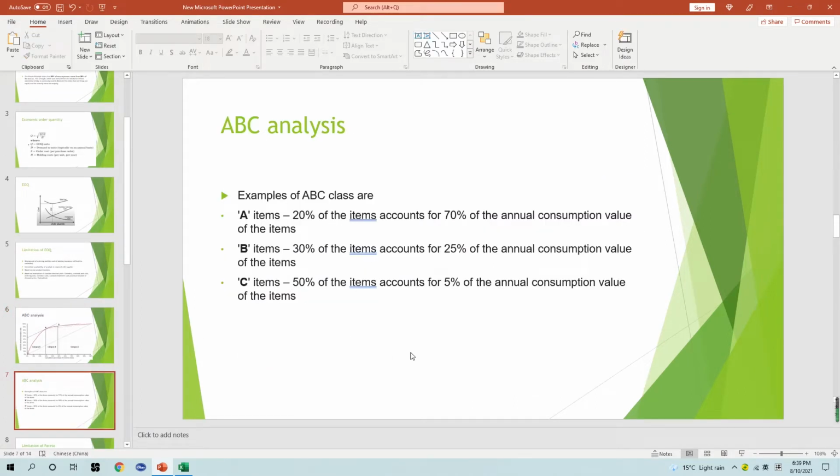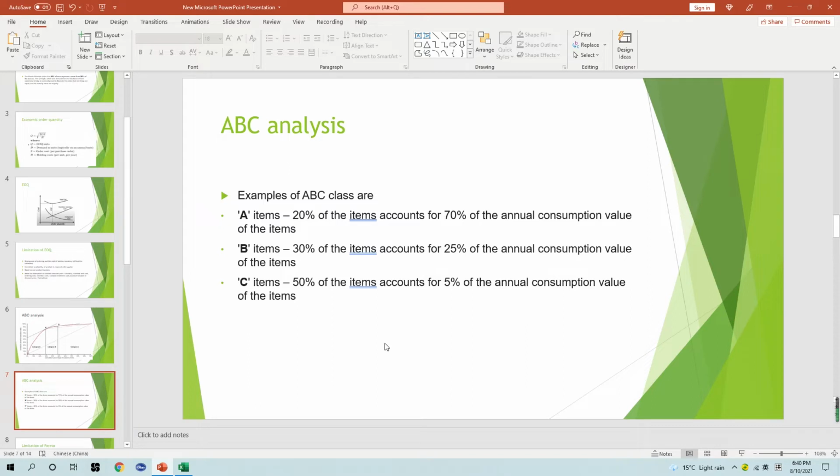For A items, 20% of the items account for 70% of the annual consumption value. For B items, 30% of the items account for 25% of the annual consumption value. And for C items, 50% of the items account for only 5% of the annual consumption value.